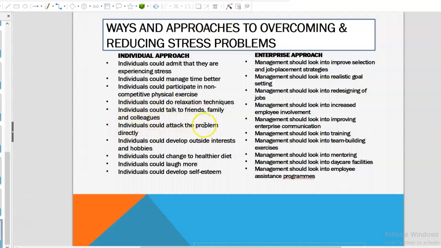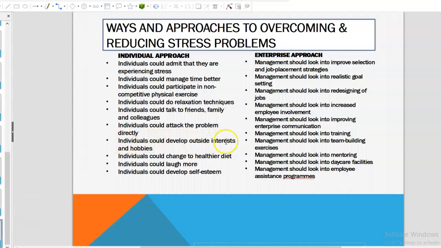Individuals could attack the problem directly. That is by knowing what the cause is and then dealing with it directly. Perhaps sometimes you are too alienated and therefore you are tired of the job. You should then apply, so that you can be promoted or get other jobs and whatnot.